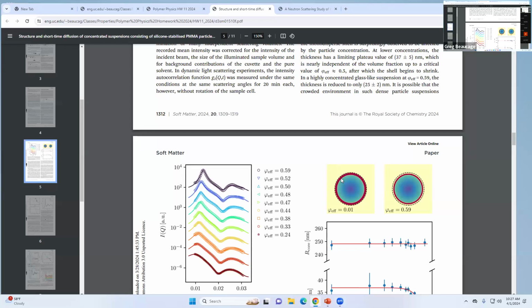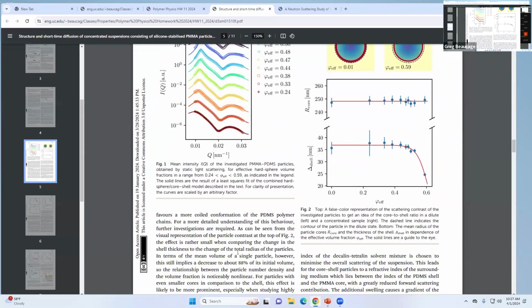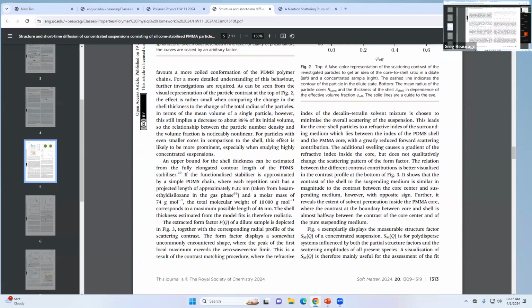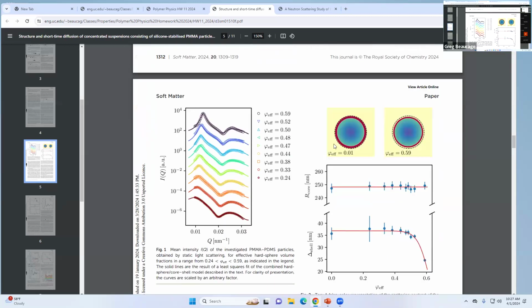And he says in here that the length of the fully stretched out PDMS chains comes pretty close to the width of this thing, which isn't right, because if it's a solid PDMS melt, it's not going to be extended chains. The only reason it would be extended chains is if it was in a solvent, right? So that seems pretty weird.